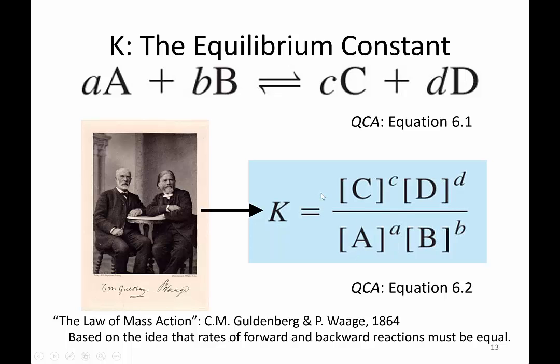And so this is the formula that we use if we have some chemical reaction, A plus B goes to C plus D, and our coefficients are lowercase a, lowercase b, lowercase c, lowercase d, then our equilibrium constant equation is going to be the concentration of C raised to its coefficient times the concentration of D raised to its coefficient lowercase d, divided by the concentration of A raised to its coefficient, which is lowercase a, divided by the concentration of B raised to its coefficient, which is lowercase b.